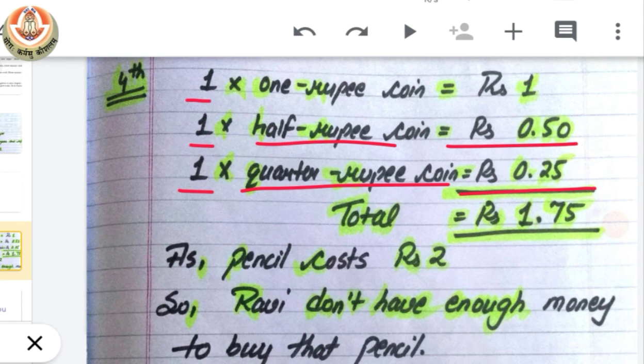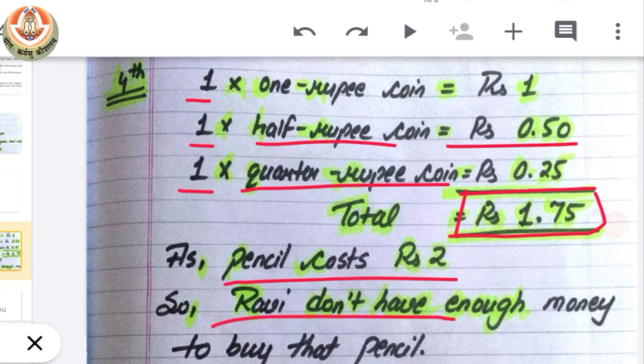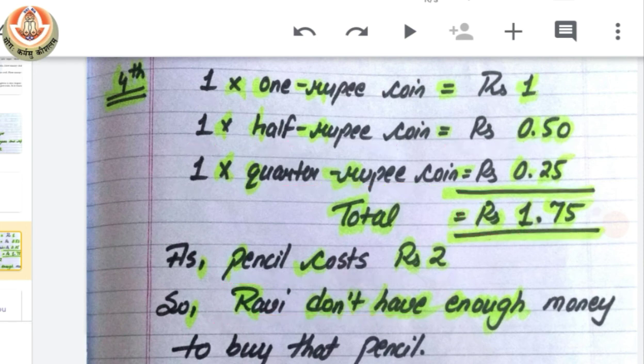That means 25 paisa. Now to add all this, when we add them, we will get a sum of 1 rupee and 75 paisa. So as the pencil cost rupees 2, so Ravi did not have enough money to buy that pencil. And how much more does he need to buy this?